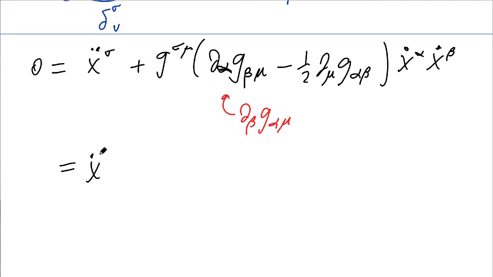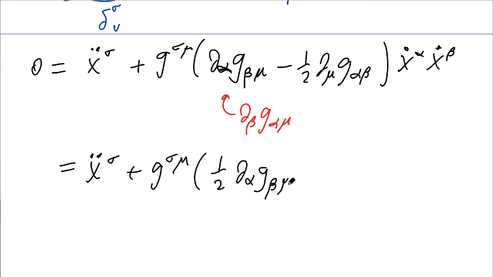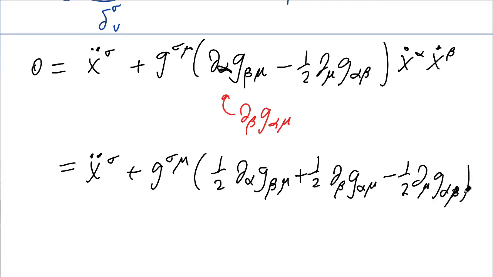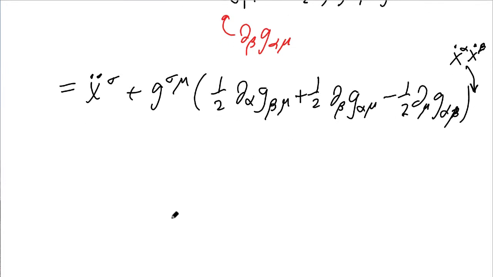So this is equal to x double dot sigma plus g sigma mu times 1/2 partial alpha g beta mu plus 1/2 partial beta g alpha mu minus 1/2 partial mu g alpha beta, and all of that is times x dot alpha x dot beta. Now this should start to look familiar.